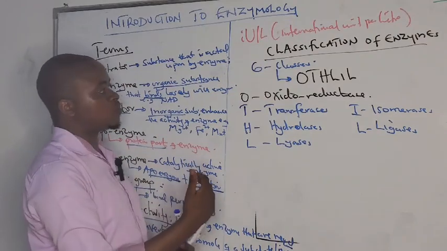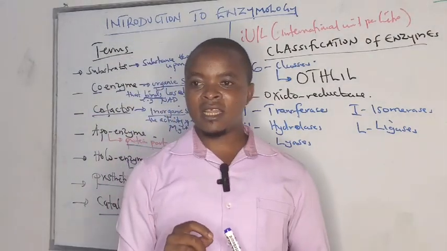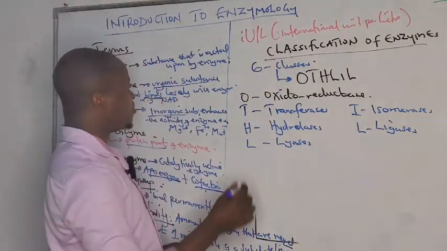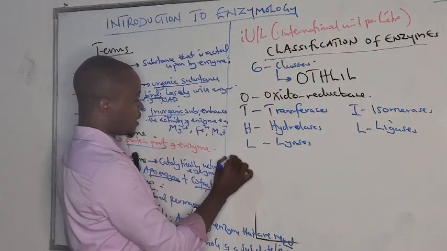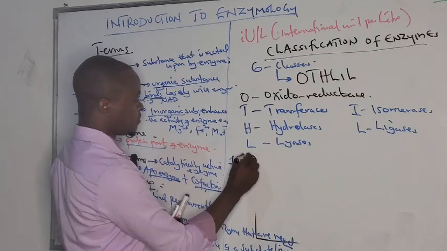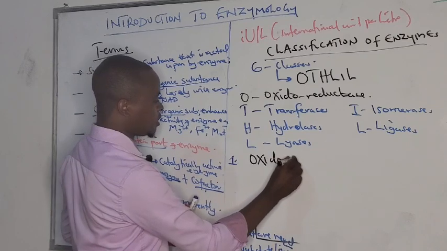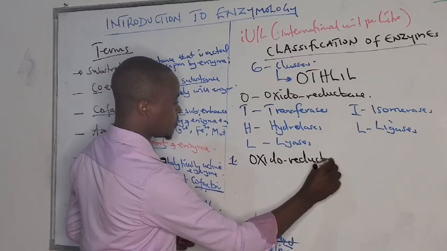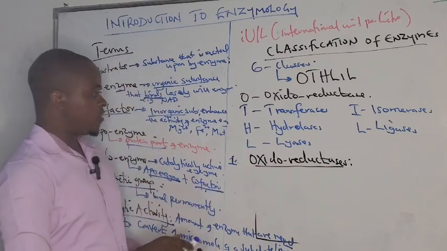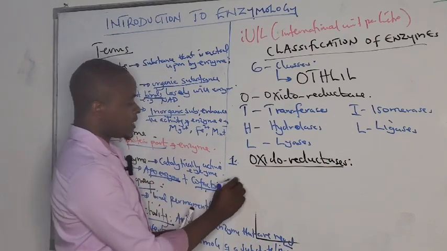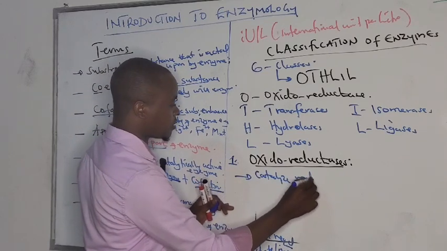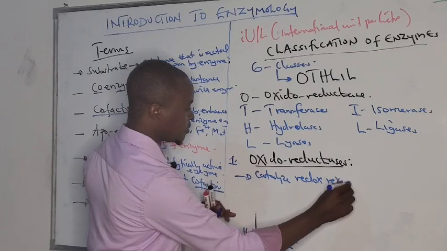So we want to explain one by one, and see each class, what does it do? We want to begin with oxidoreductases as number 1. These oxidoreductases catalyze redox reactions.